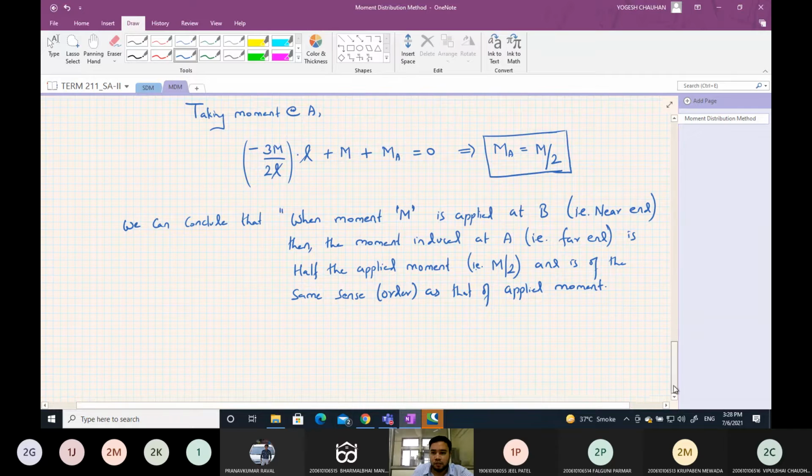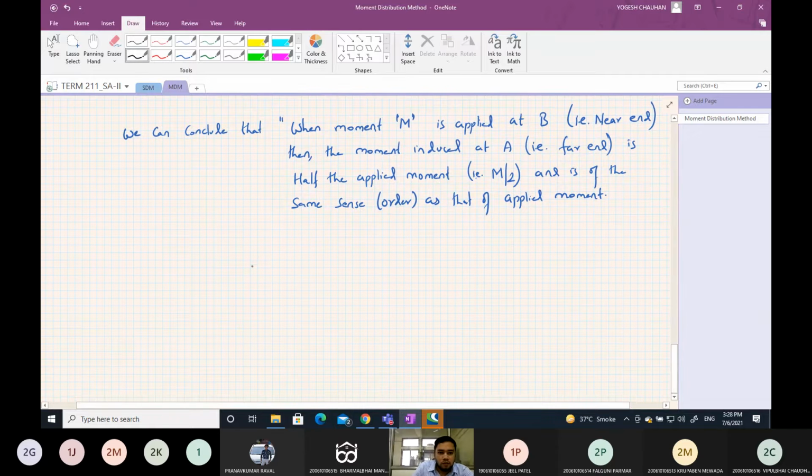So simply, if I have a beam which is fixed at one end, and if moment M is applied at the near end, this is the near end, this is the far end, here the far end is fixed, okay.